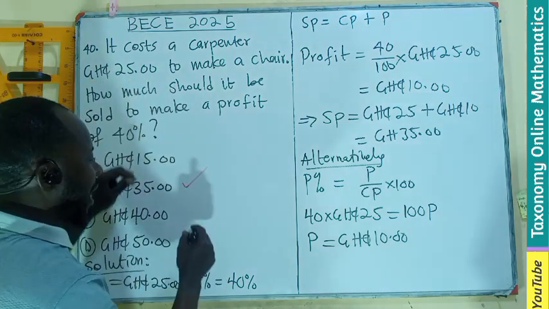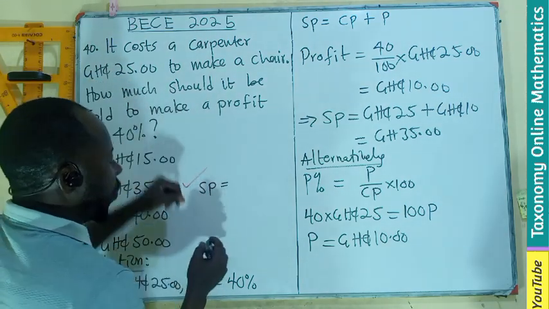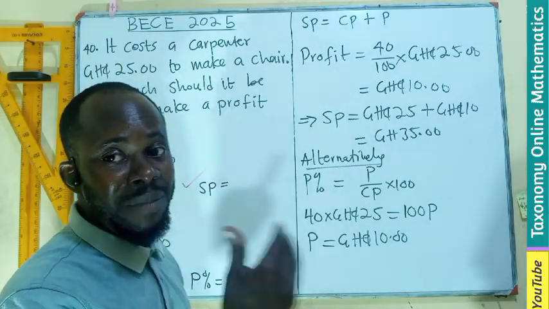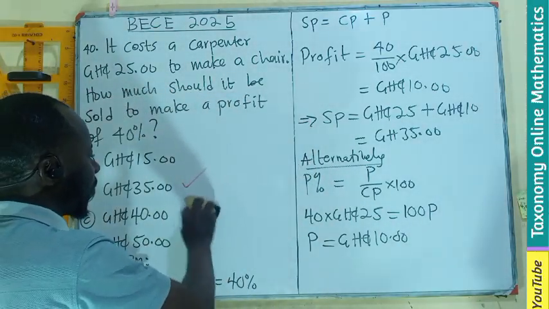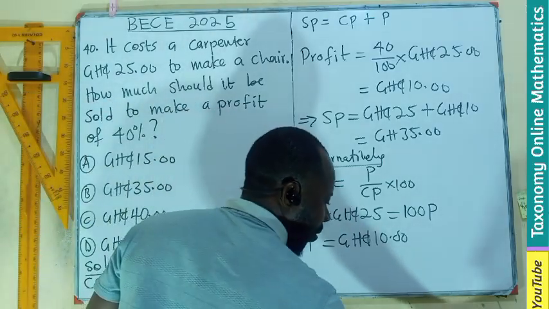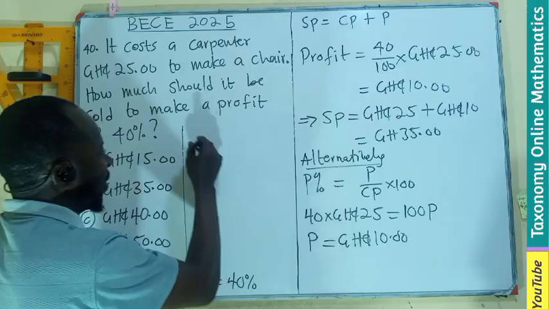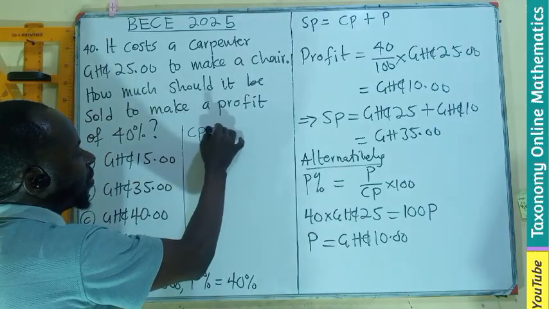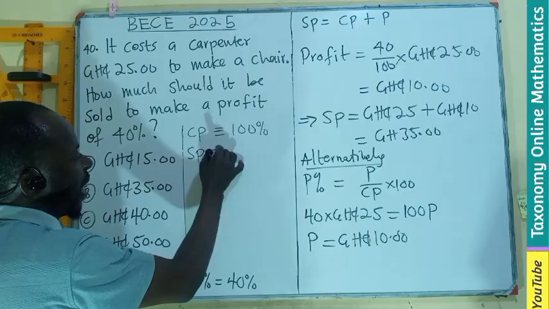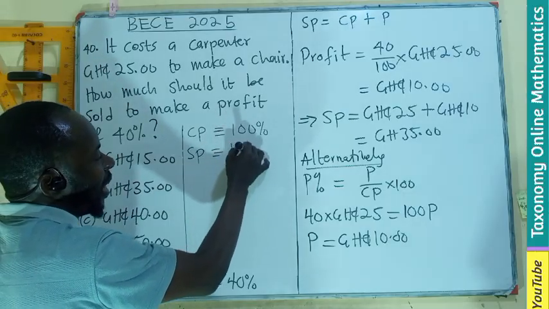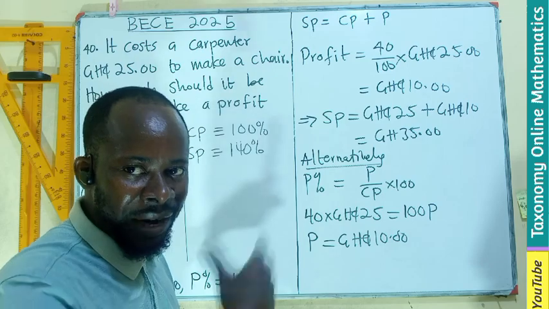Or we can say that the selling price is always equivalent to the increment in the percentage. Let me have a space here. I can say that cost price is equivalent to 100%. Then the selling price is also equivalent to the increment in the percentage. Since there's a profit, there is an increment.